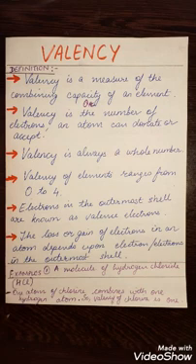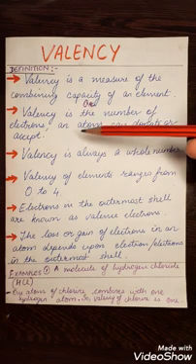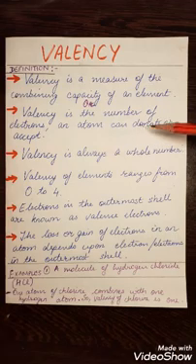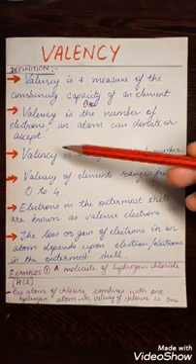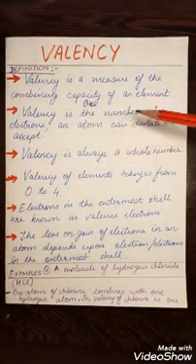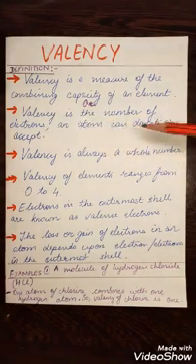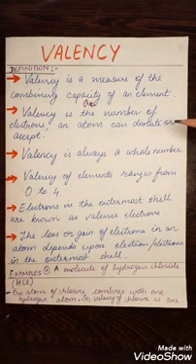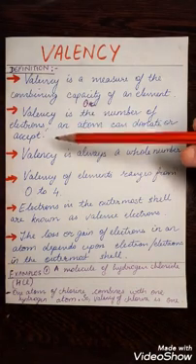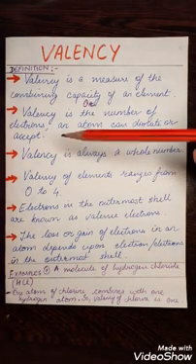So valency is defined as a measure of the combining capacity of the element. Or you can say valency is the number of the electrons an atom can donate or accept. Valency is the number of the electrons an atom can give or gain.